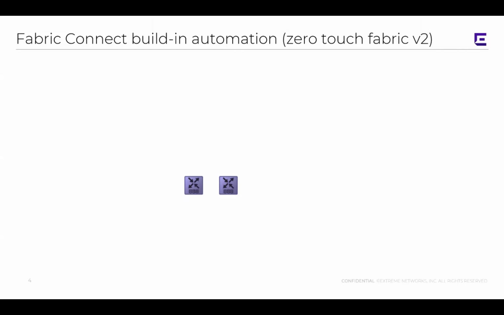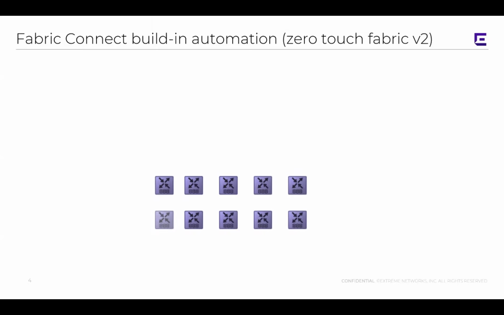In the next stage, I add switches. The adding means that with this new zero-touch capability, we are able to detect a new switch. A new switch that comes out of the box and is attached to your fabric environment sees that a fabric already exists, learns the parameters and joins the fabric.